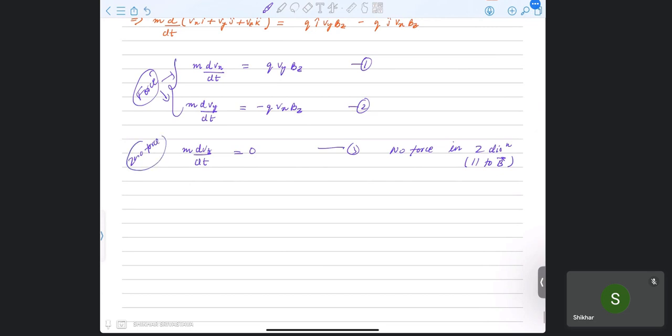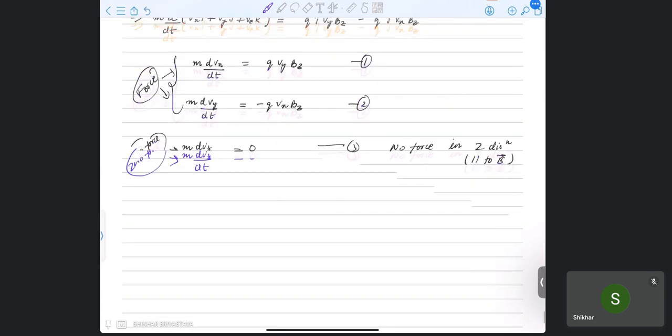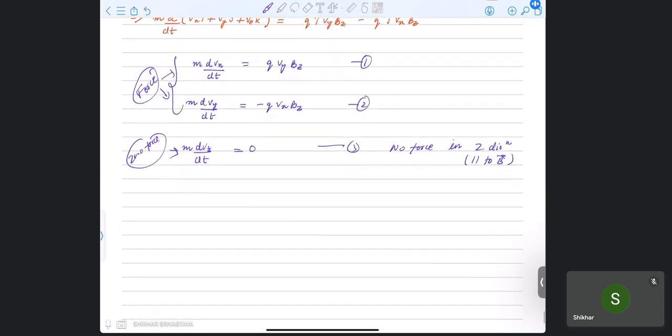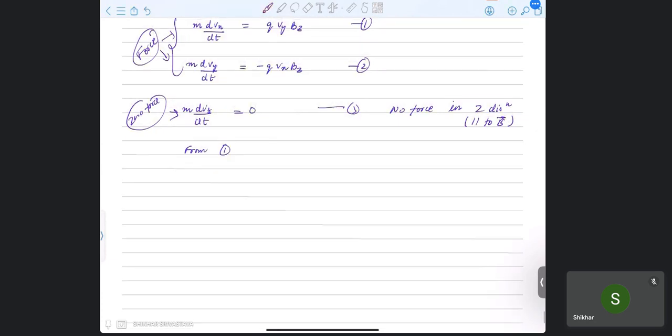Okay, now let us derive the velocity expression in x and y direction. So from 1, you can write dvx by dt is equal to q upon m vy Bz.